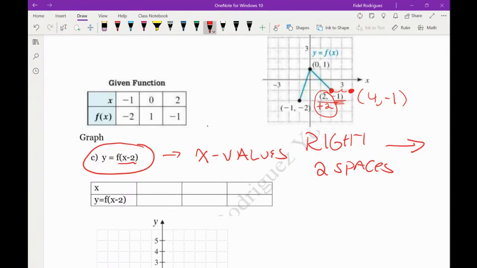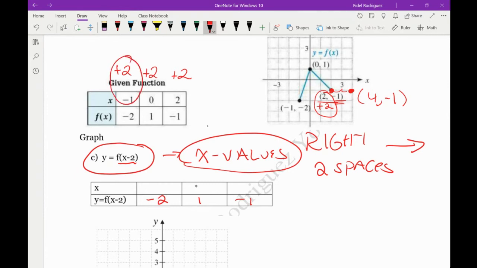So guys, since I'm changing my x values, my y values aren't going to change, but my x values, we're going to add 2 to each of those. So 2 plus -1 is 1, 2 plus 0 is 2, 2 plus 2 is 4.